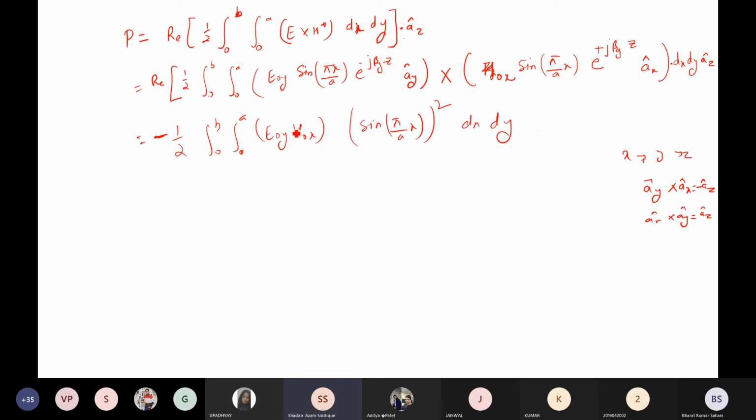Now this is a constant quantity we will take outside, and I'll write here minus 1 by 2 E naught y H naught x, integral 0 to b, 0 to a, sine square pi x by a, dx dy.